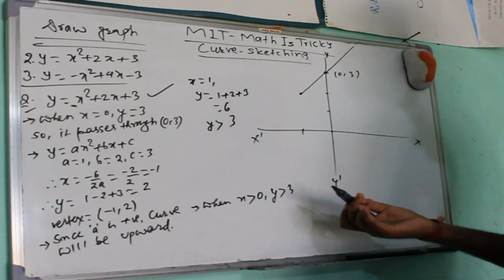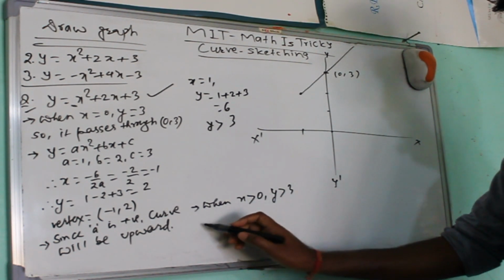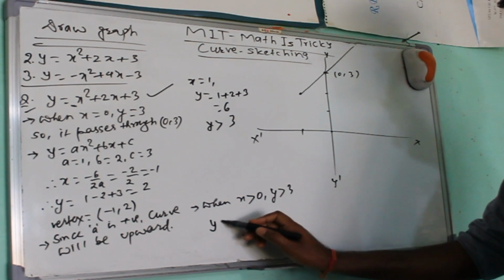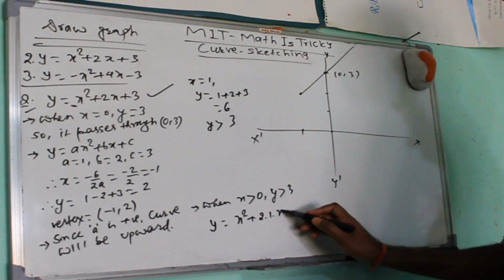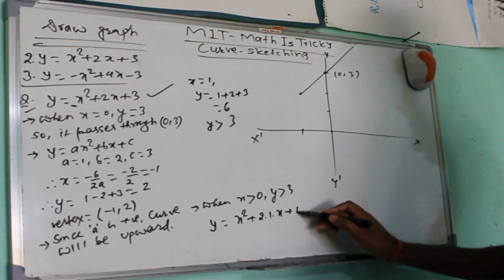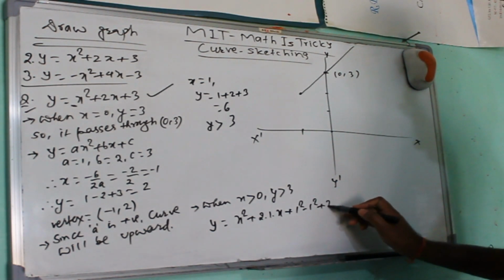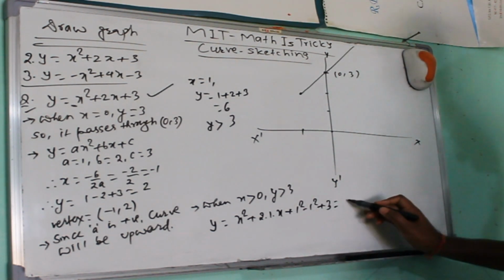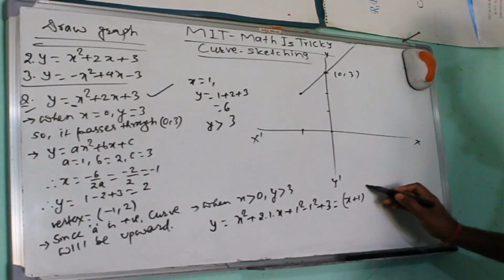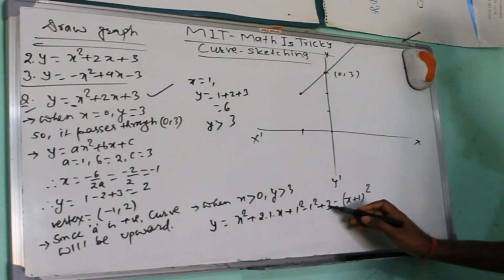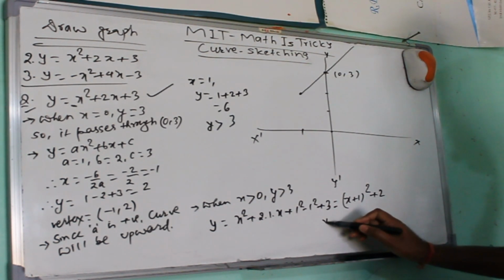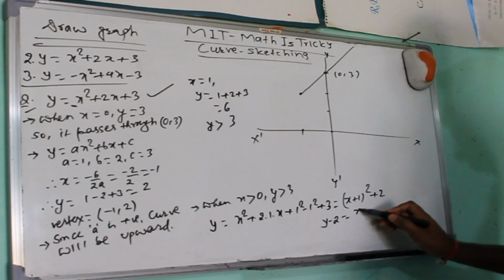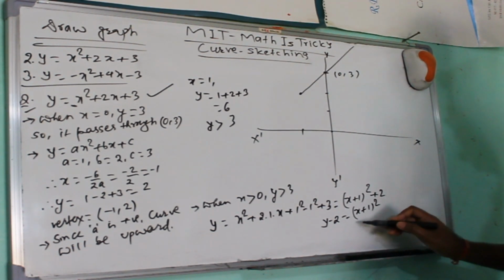Now also we can write the given equation as y equals x square plus 2 into 1 into x plus 1 square minus 1 square plus 3. It gives x plus 1 whole square, and then 4 minus 1 is 2. It is similar to y minus 2 equals x plus 1 whole square, which is like y equals x square.